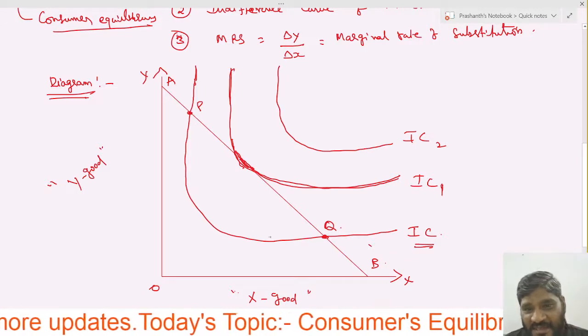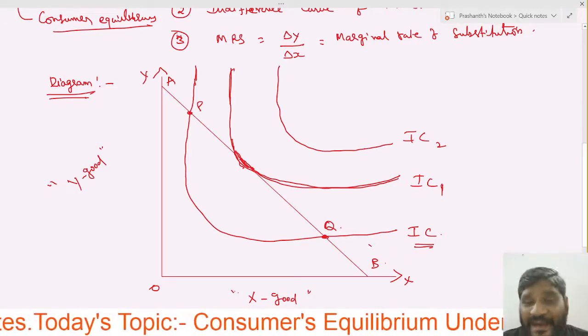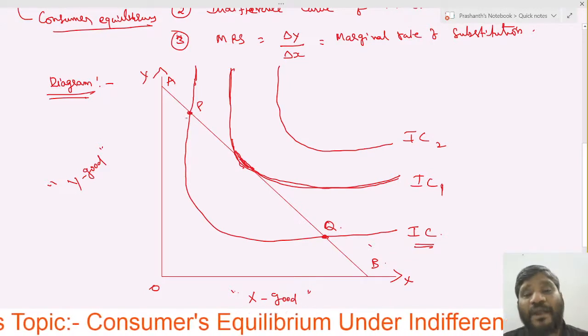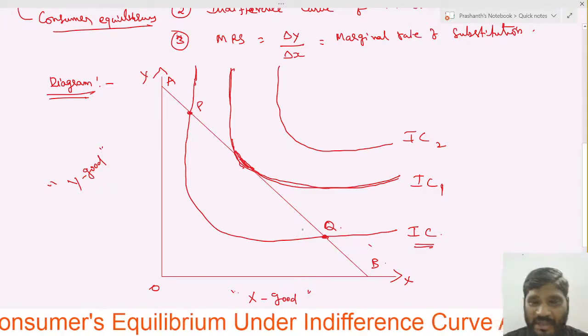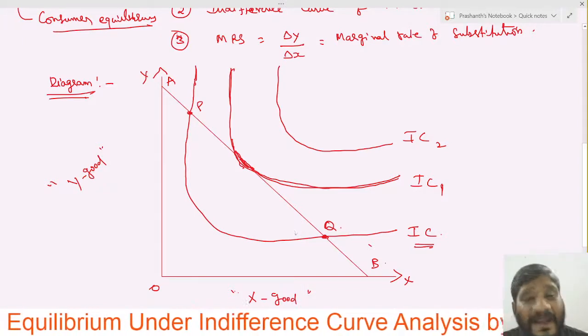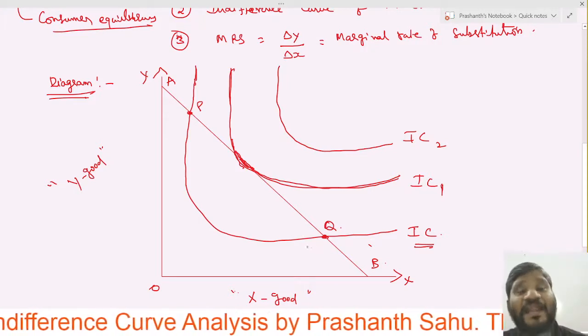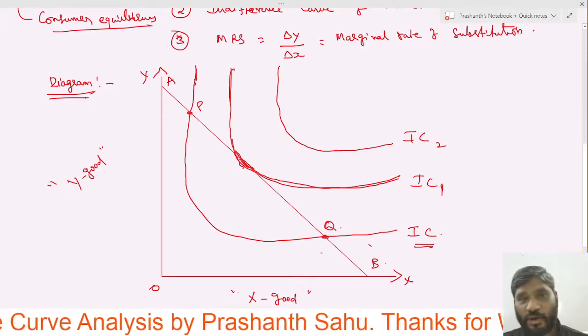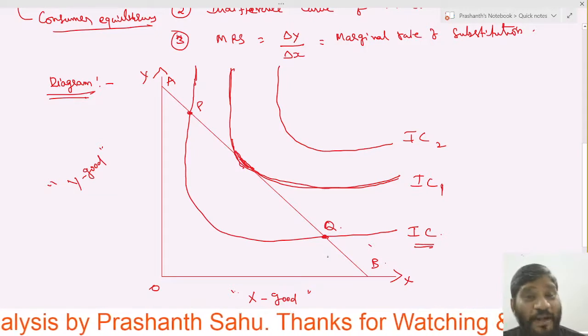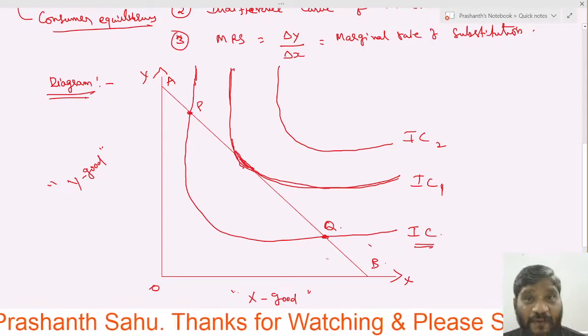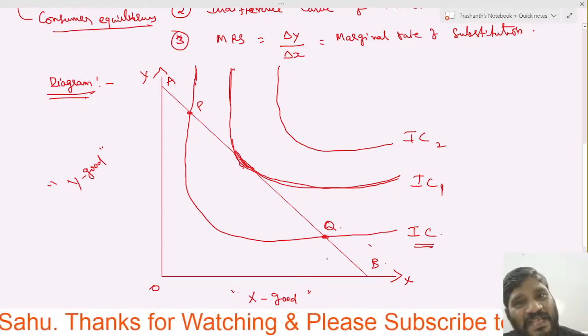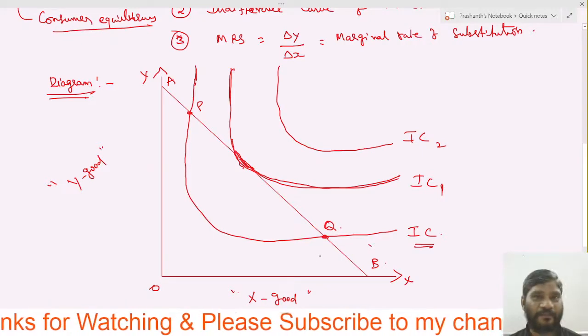This is the IC1 curve and it is intersected at the points P and Q, because the IC curve has cut the budget line as well as the price line at the points P and Q.